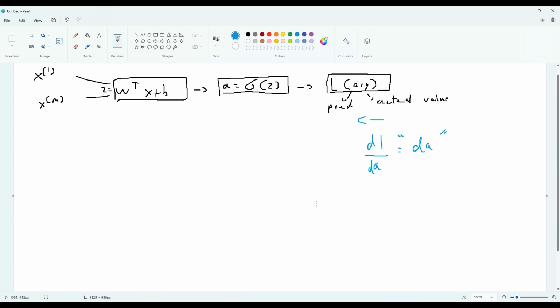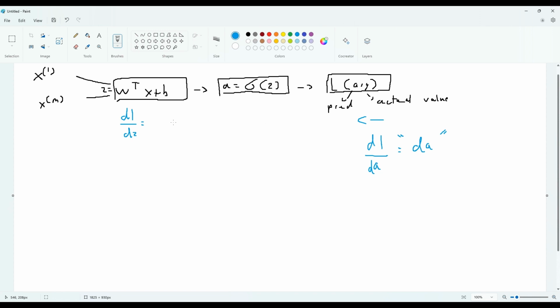And then we have the derivative of our loss with respect to z, right? If we do the derivative of our loss with respect to z, and remember we're taking the gradient descent, so we're taking the partial derivative, a two-variable derivative.